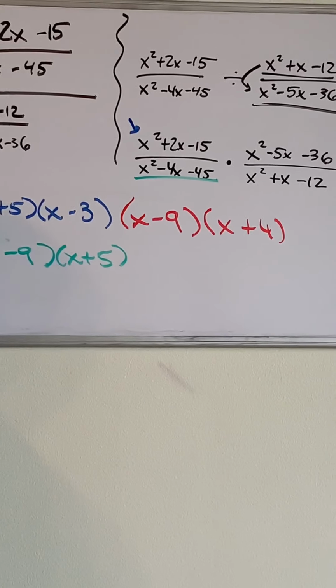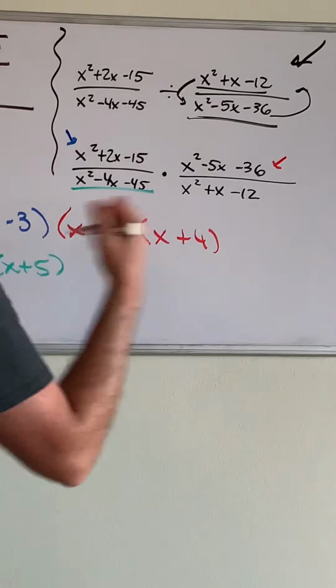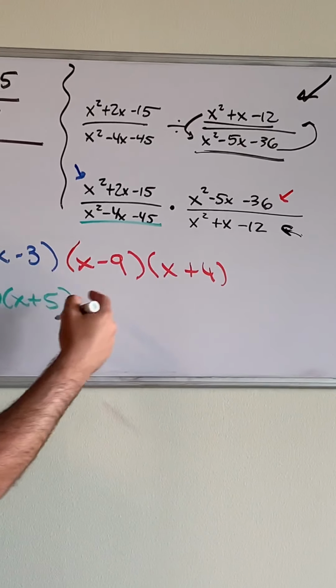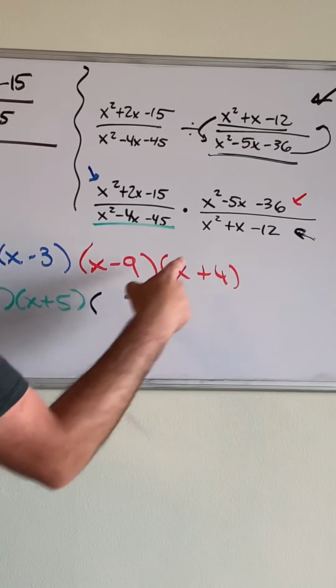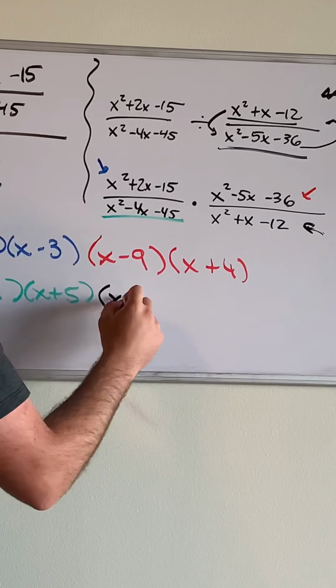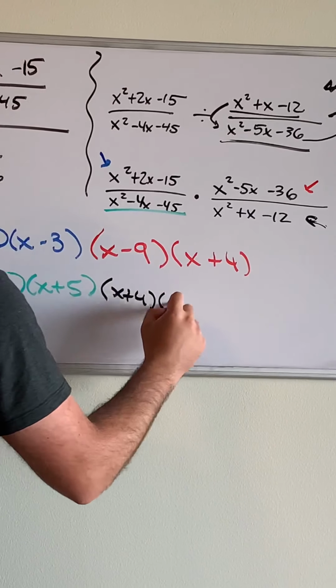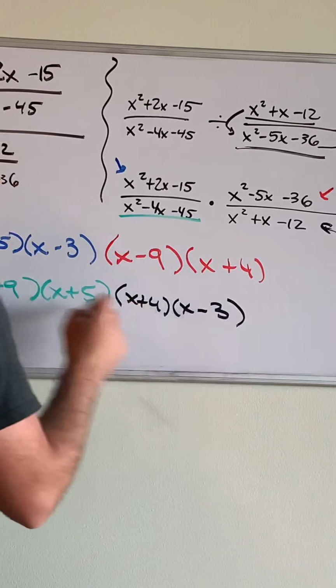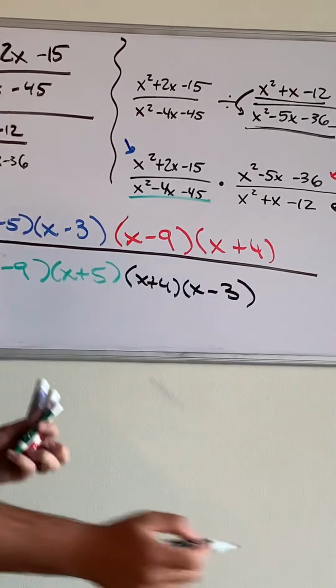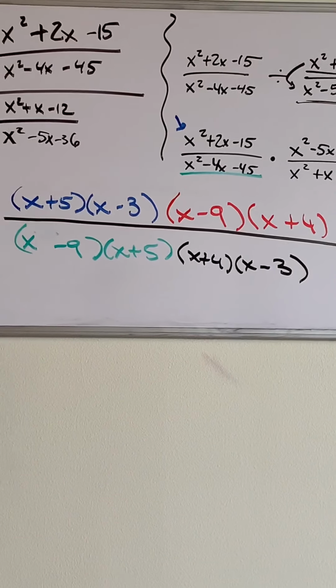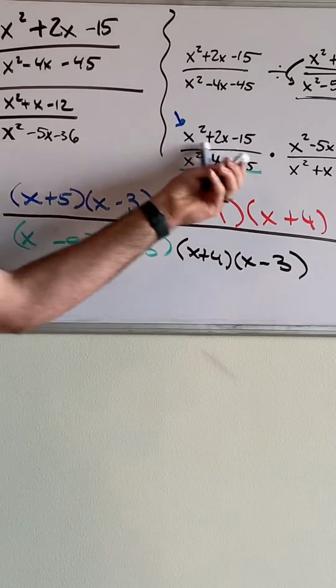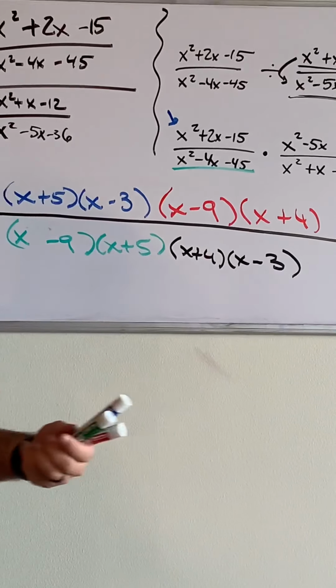Last color I have is black, so we'll do this one in black. So I have, well, x plus 4 and x minus 3. All right, and that's a huge fraction bar now. So now it's just like any of the multiplying problems. We factor, we make a huge fraction bar, and we cancel.